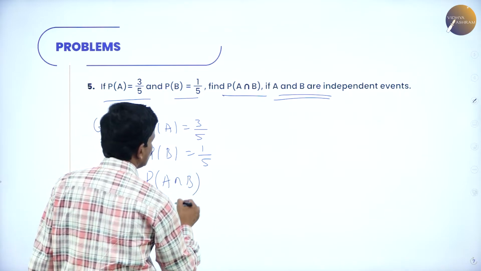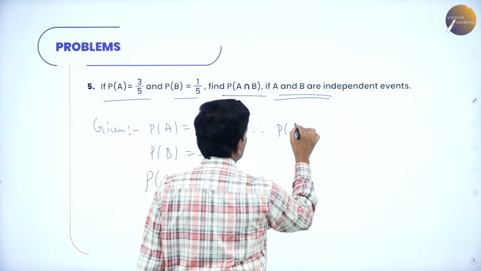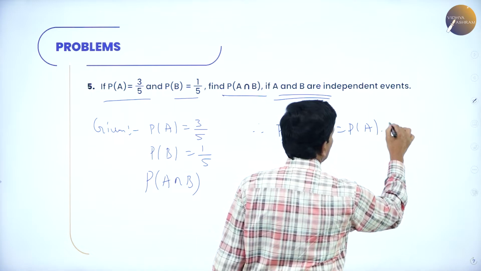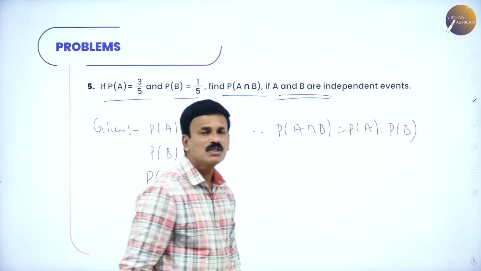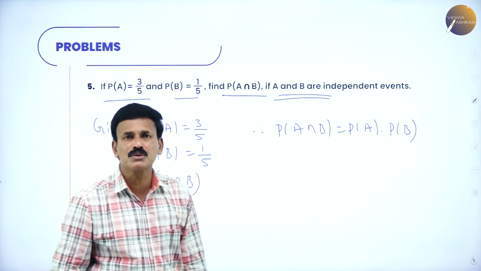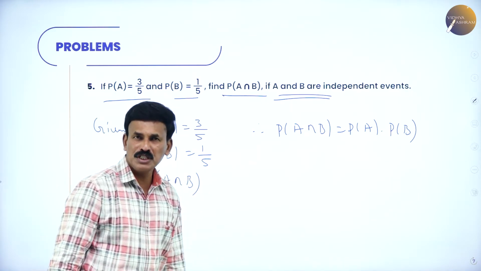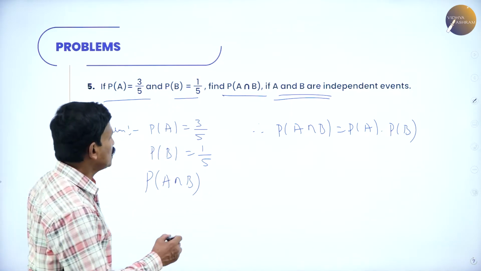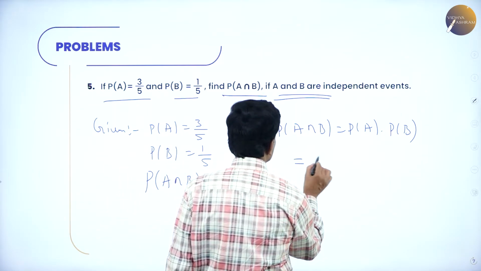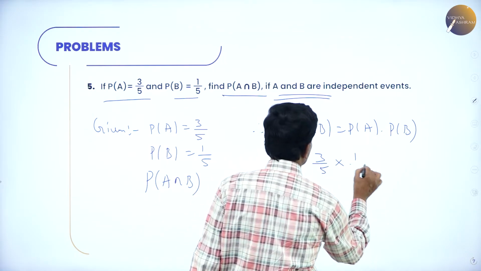A intersection B. Since A and B are independent events, therefore probability of A and B is equal to probability of A into probability of B. For independent events, probability of A intersection B is equal to probability of A into probability of B. That is equal to, what is P of A? 3 by 5 into P of B, which is 1 over 5.